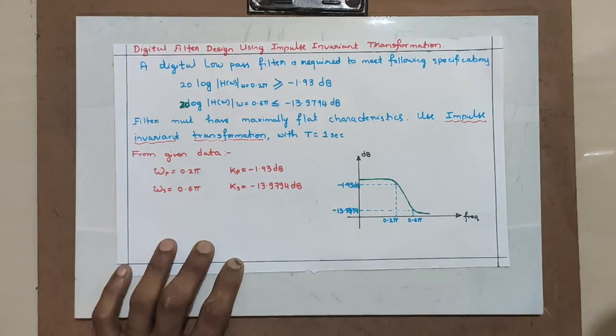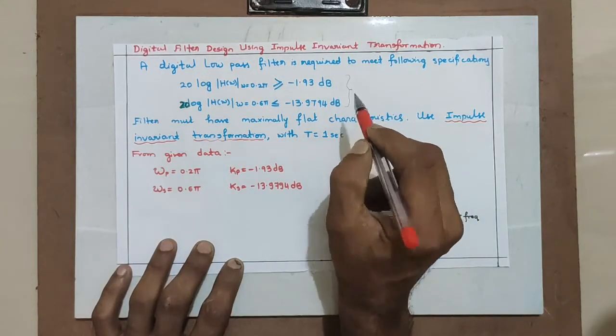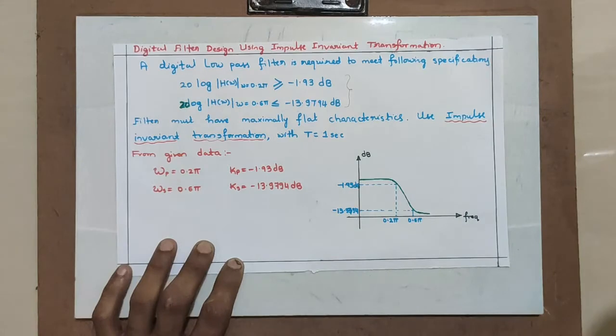That's what is given. Now please note that when data is given like this, different types of data can be given. You have to recognize initially four things: the passband edge frequency and corresponding gain Kp, the stopband edge frequency omega s and the stopband gain Ks. These four values are very important.